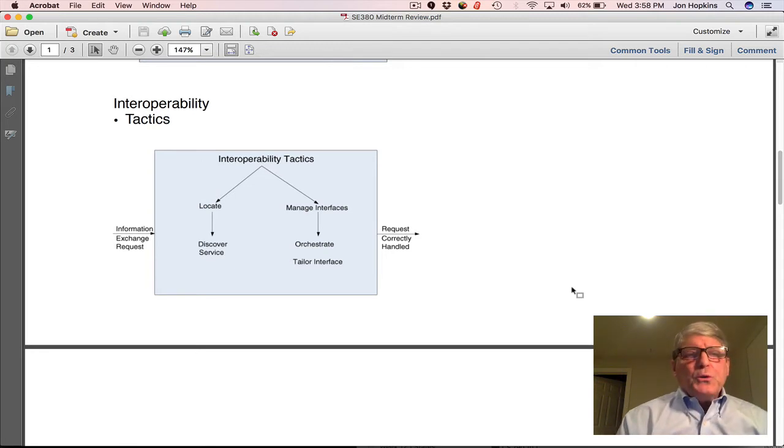So we have two key interoperability tactics that we have to worry about. First is being able to find the endpoint of the other object. And so one of the things we have to think about architecturally is, where do the two components live? So we're thinking about the deployment and process model from our 4+1 view perspective, and we have to think about discovering that service, in other words, binding it, and then we need to also be able to manage the interfaces.